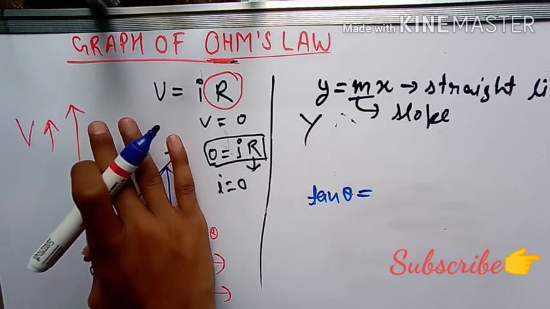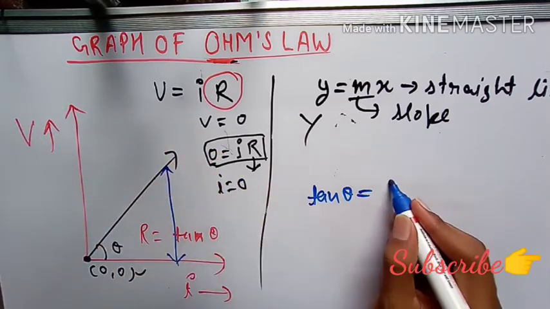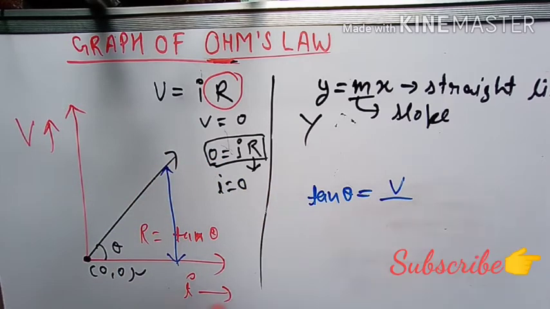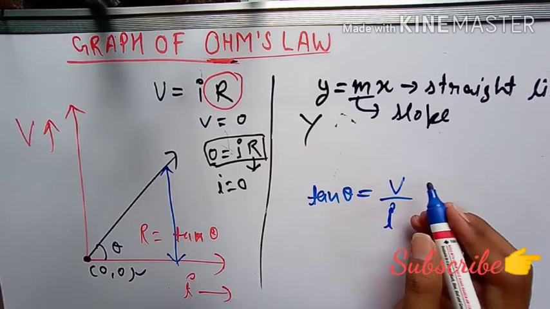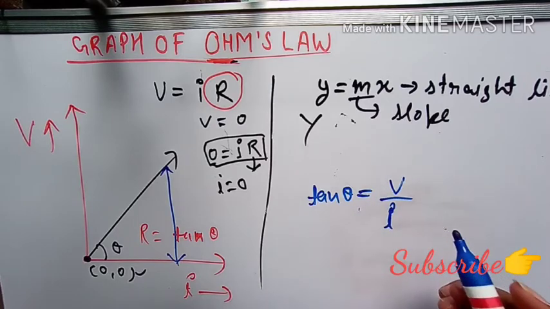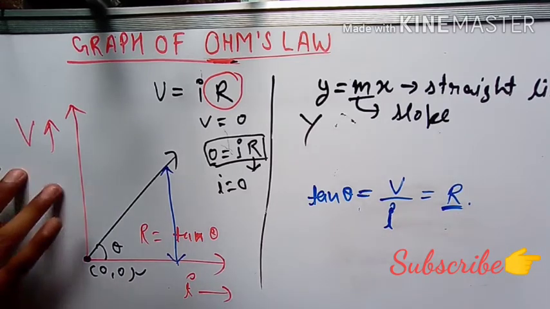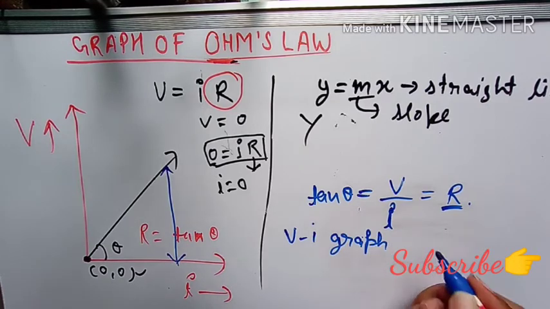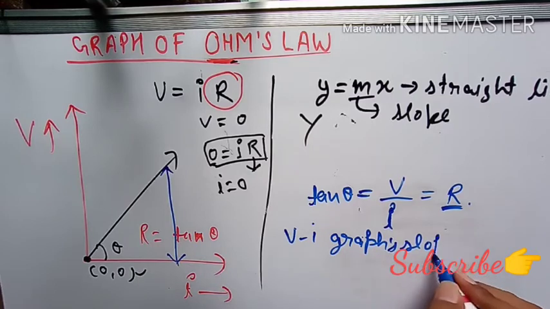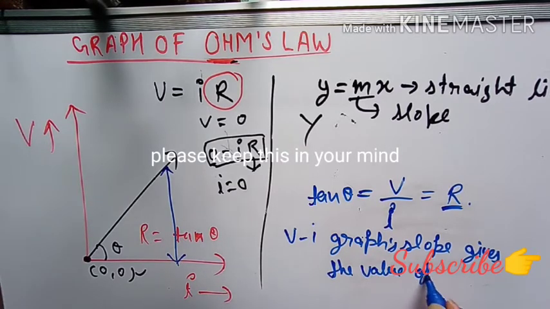This axis is representing V. So in the place of perpendicular, you can write V, and in the place of current, you can write I. So what is V upon I? This is exactly resistance. So we say that the VI graph slope gives the value of resistance.